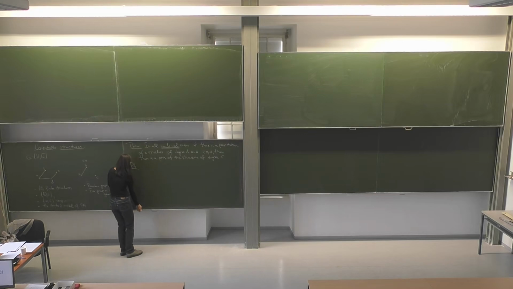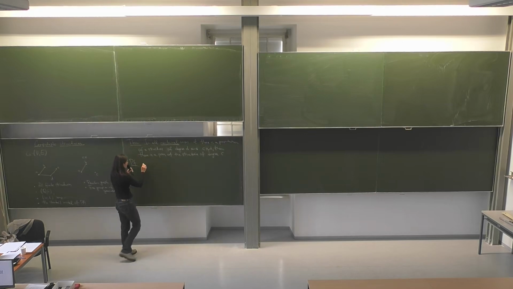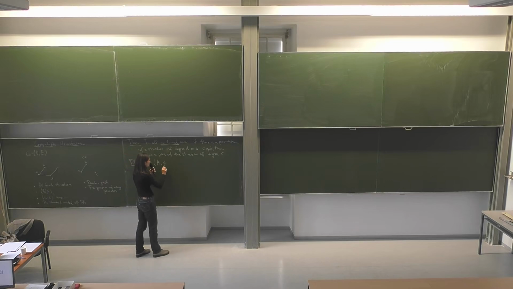So, proof. As I said, we only consider the case where A has a set, and then a linear order, and then maybe something else.